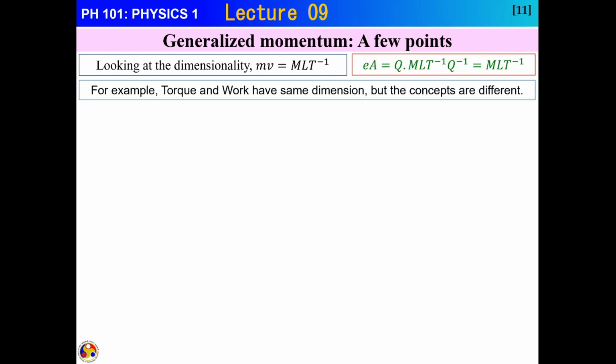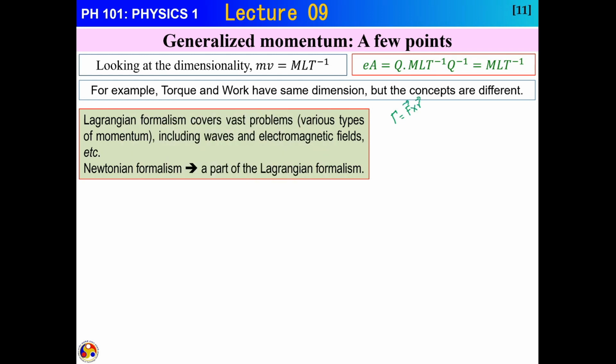For torque, we say it is F cross R, which is in vector format. Work done we can take as F dot R, which ends up in scalar format. But note down, torque and work have the same dimension, but the concepts are definitely different. I can give another simple example, which you might have experienced if you travel or go to the market.